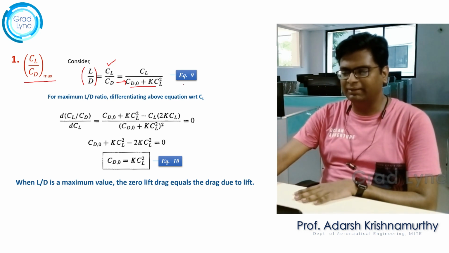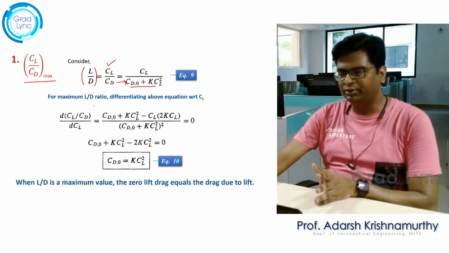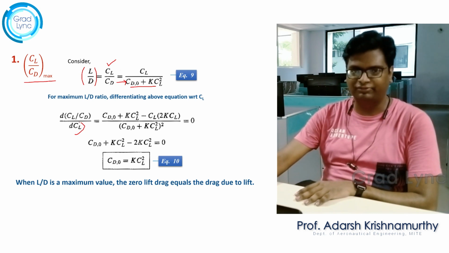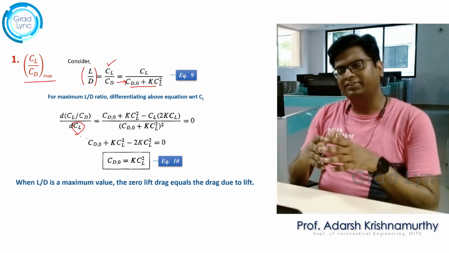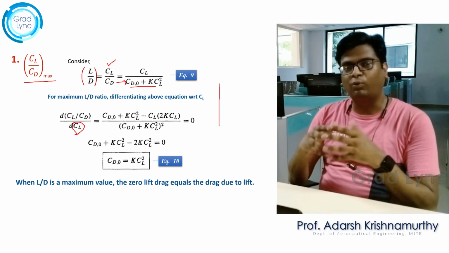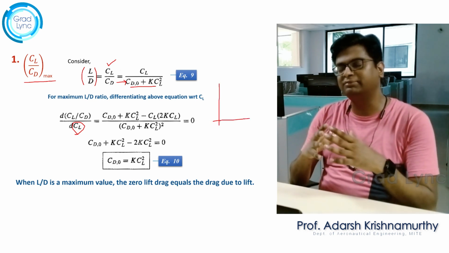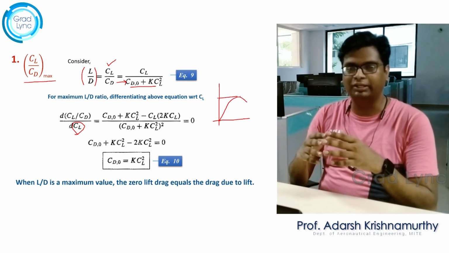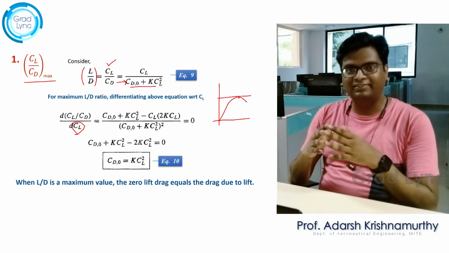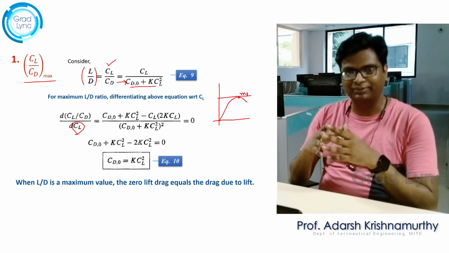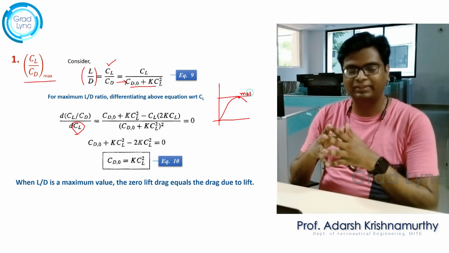Now for maximum L by D ratio, I need to differentiate the above equation with respect to coefficient of lift. See, understand one thing. For any function, if I need to calculate the condition for its maximum value, I need to differentiate that function with respect to a variable. So in this case, the function is CL by CD and the variable is the coefficient of lift.